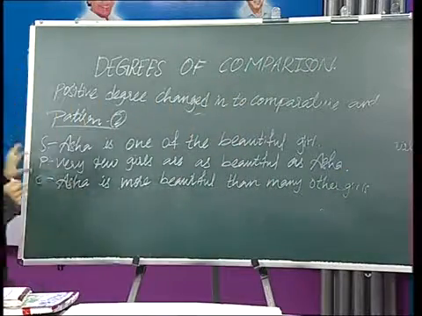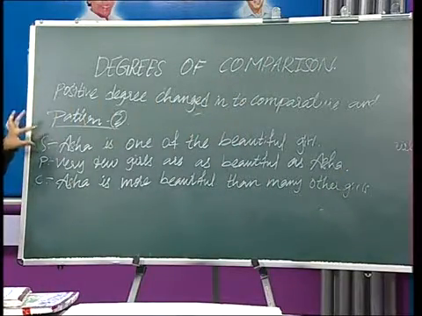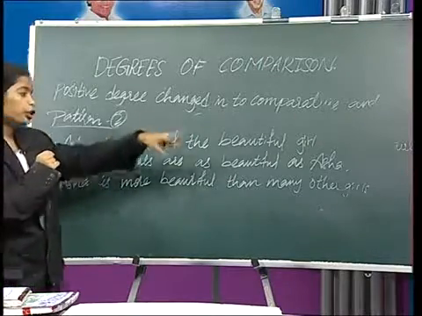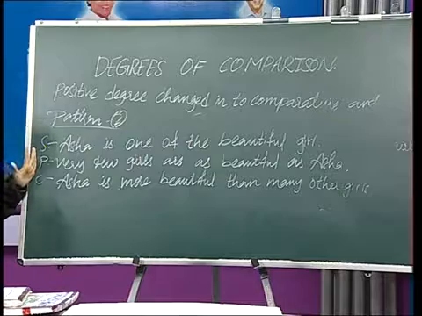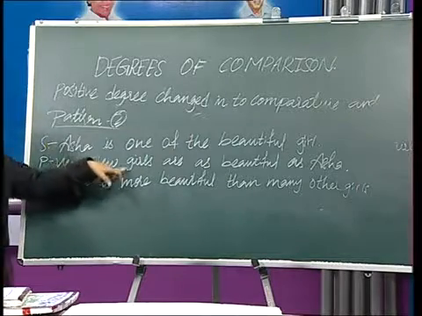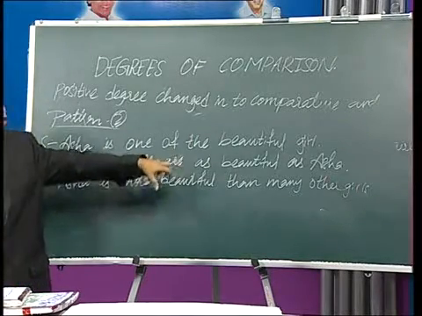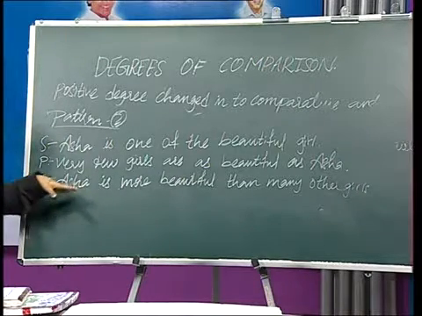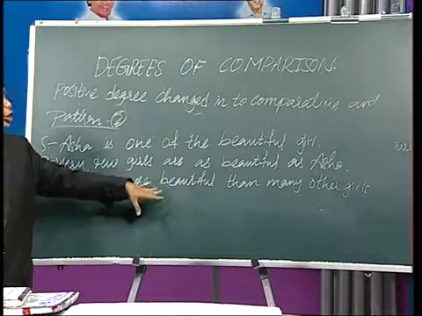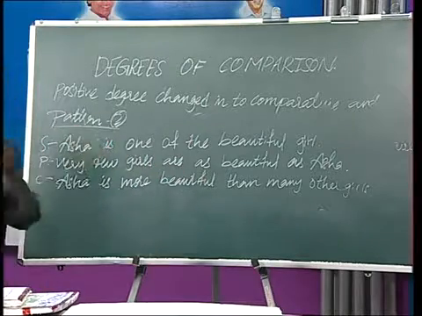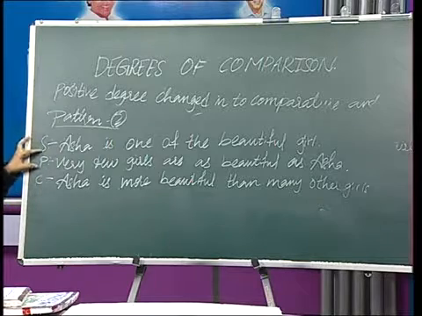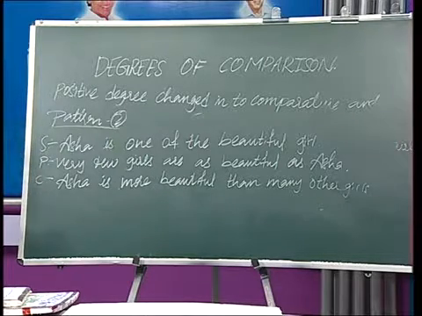Friends, how are we changing this? It is in the superlative form: Asha is one of the beautiful girl, and in positive form, very few girls are as beautiful as Asha, and in comparative form, Asha is more beautiful than many other girls. So here we change the superlative sentence into positive and comparative.